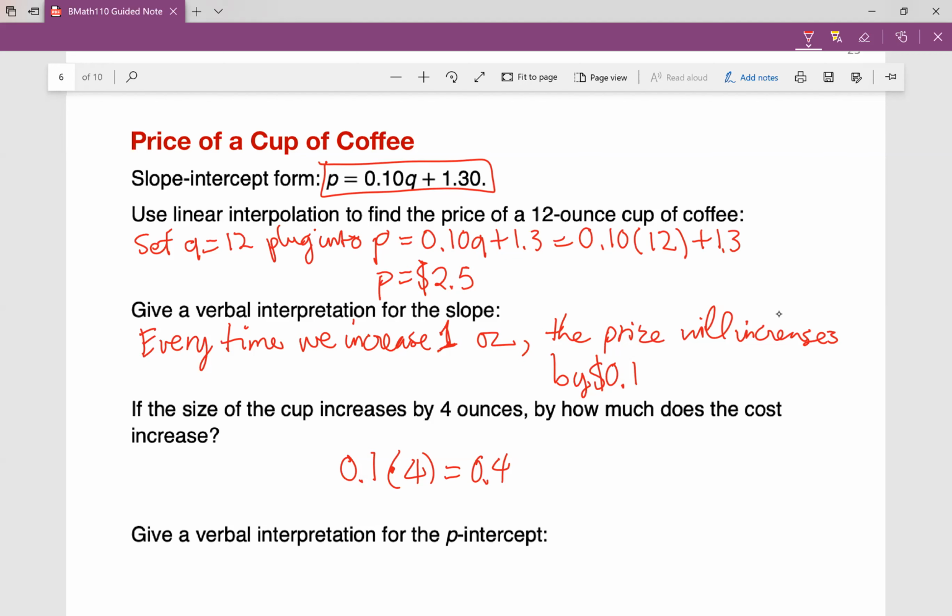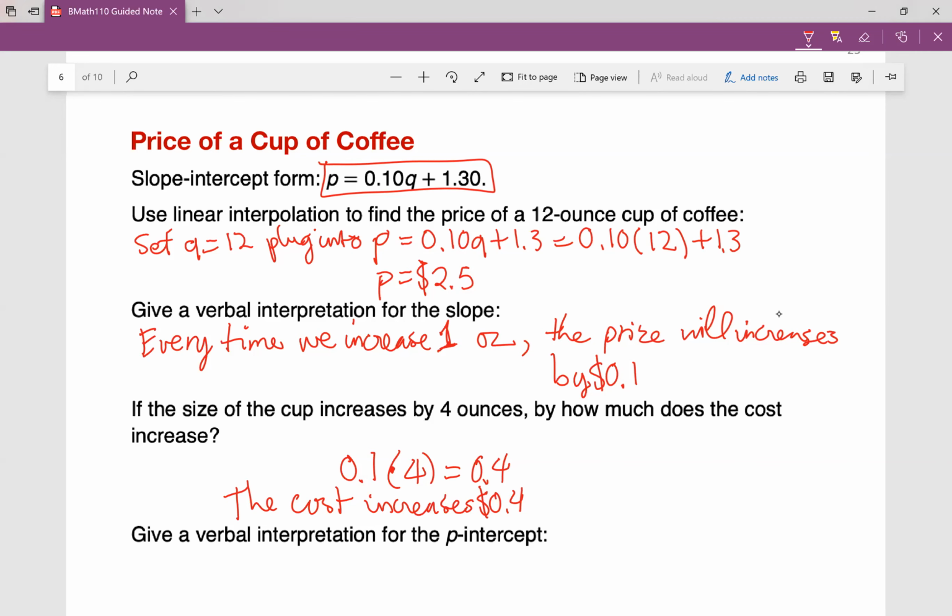So the cost, or the price in here, increases $0.4. Okay.